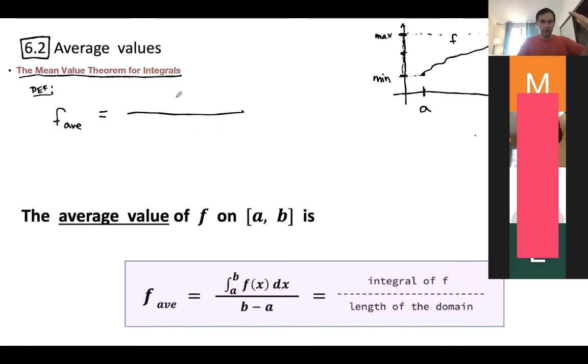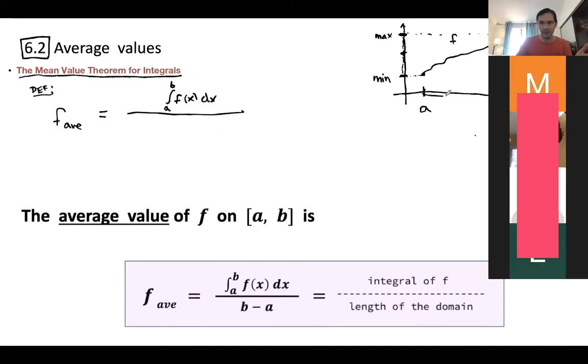The numerator is just the definite integral from a to b of this function f. Then I divide this number by the length of the domain of this function, which is simply b minus a.